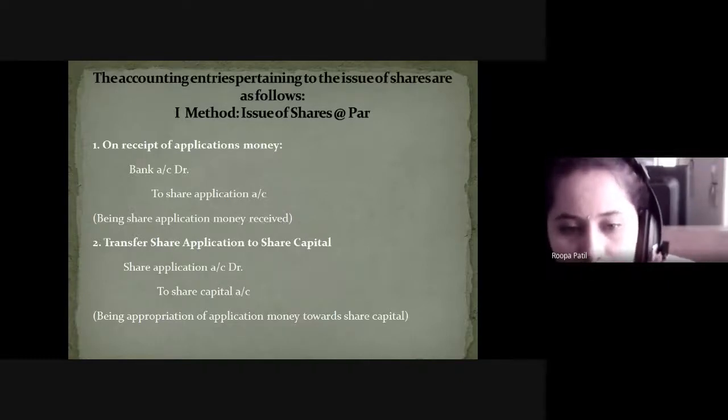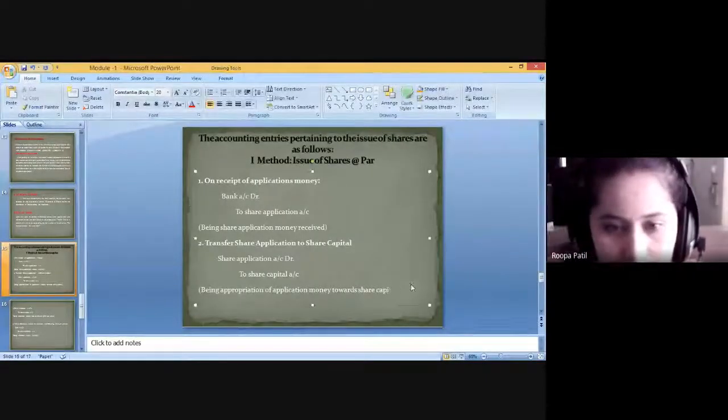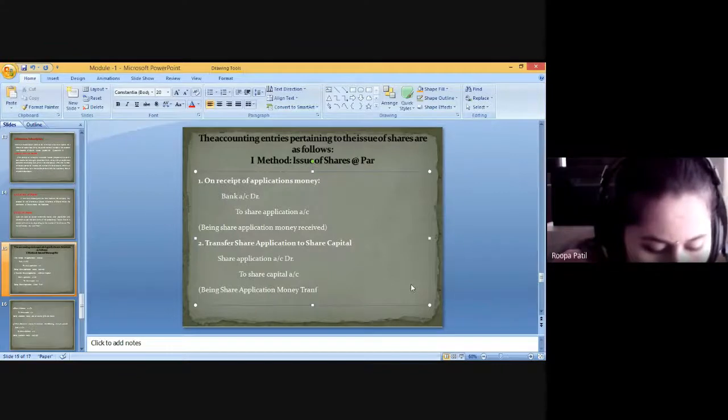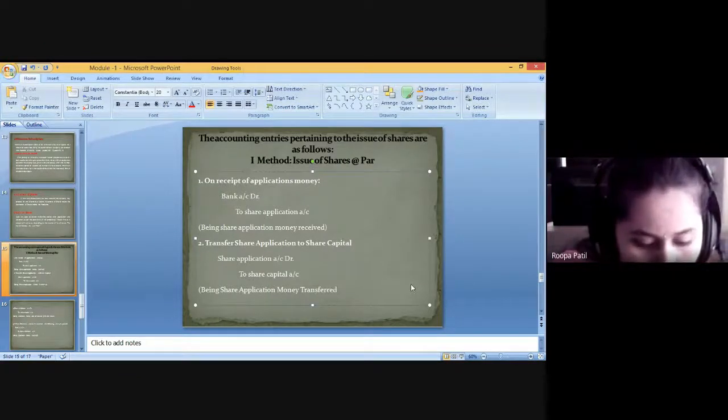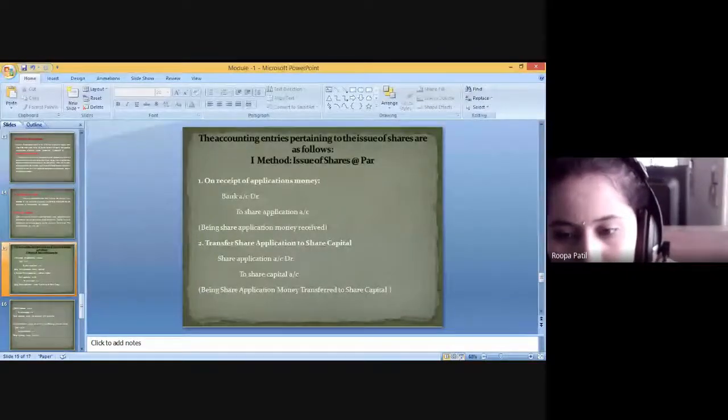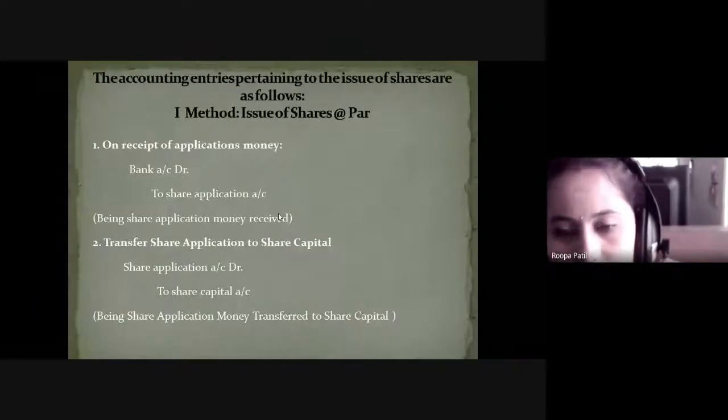When the applicants fill the application form, they need to pay the application money. Why is bank debit? Because on receipt, the company is receiving money from the public.